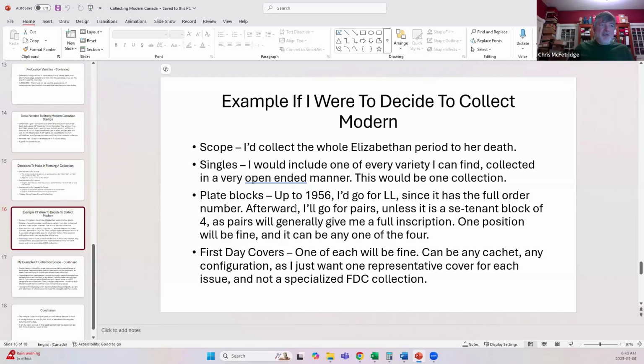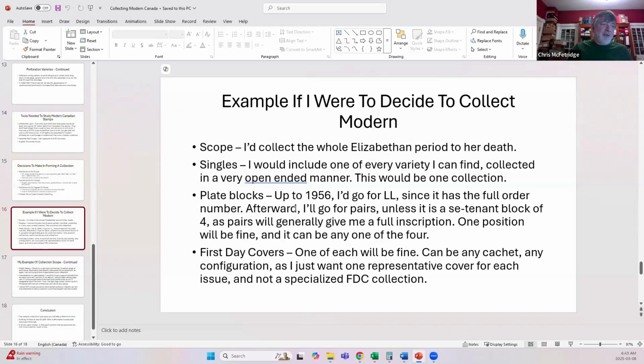Okay, plate blocks up to 1956, I do just the lower left corner because it has the full inscription and the full print order number. Afterwards, I wouldn't even collect blocks. I would just do pairs because I can get the full inscription on a pair. And I wouldn't care what position it was from. It could be any of the four positions.